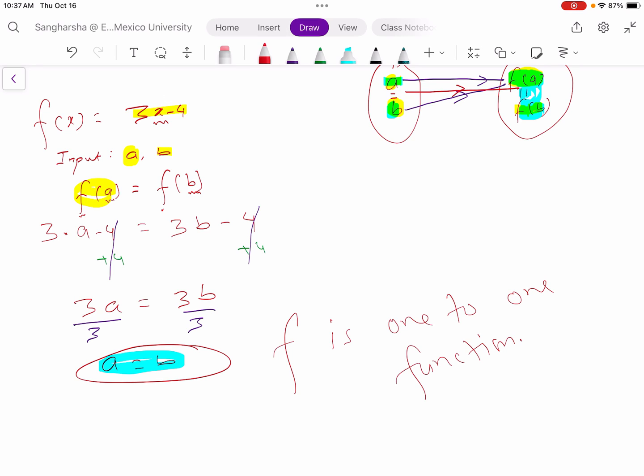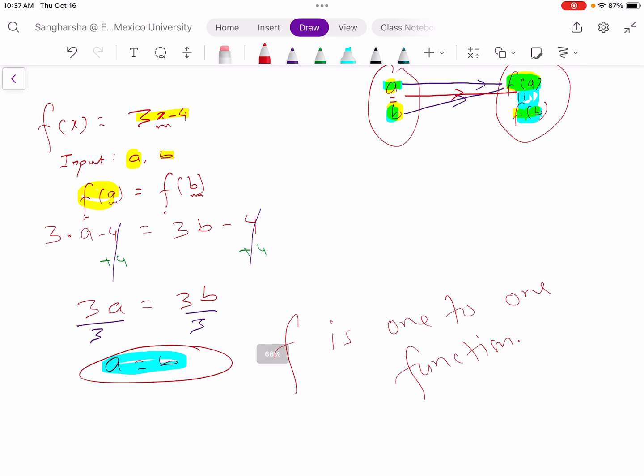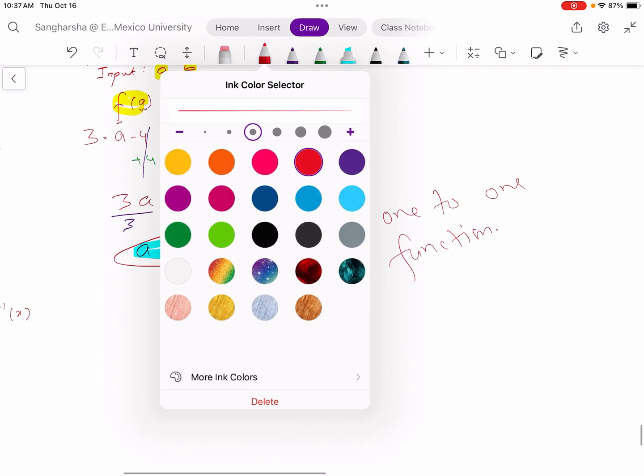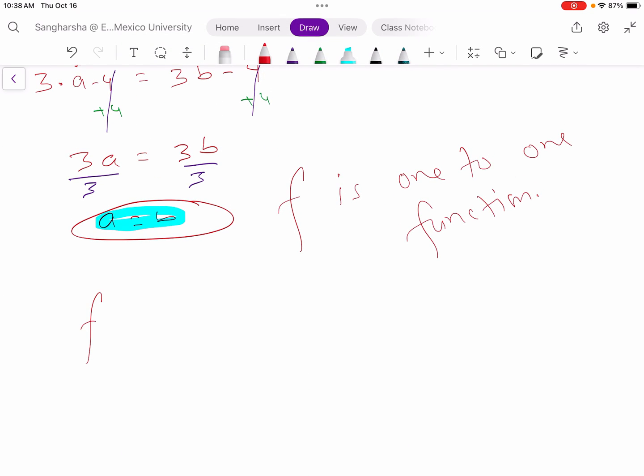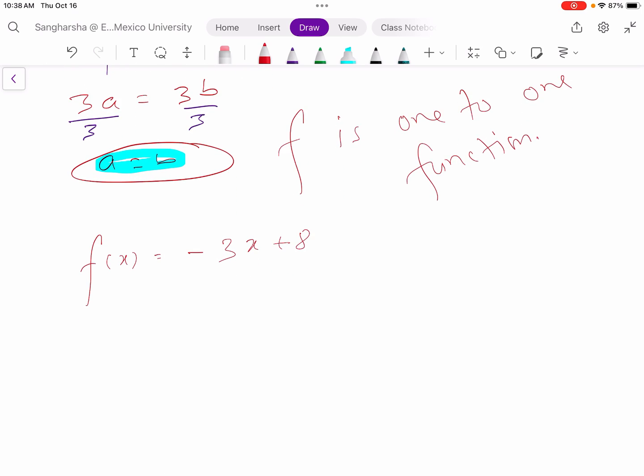So let's take one more example. Here we have a function f of x equals negative 3x plus 8. We want to know whether this function is one-to-one or not.